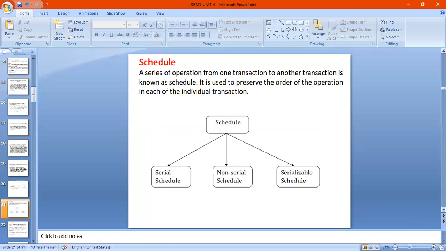It is used to preserve the order of operations in each of the individual transactions. Schedule is divided into three parts, that is serial schedule, non-serial schedule, serializable schedule. So our topic is serializability.